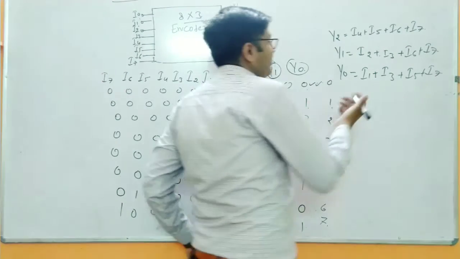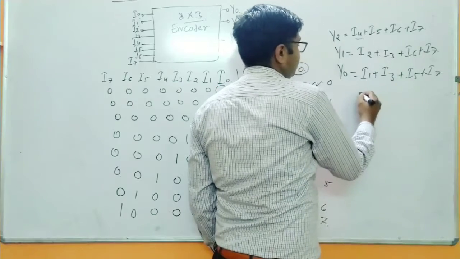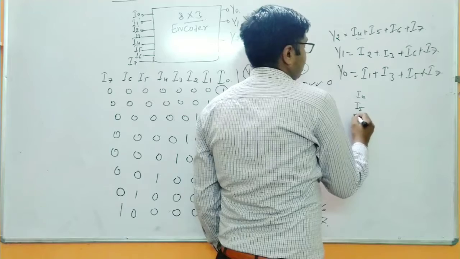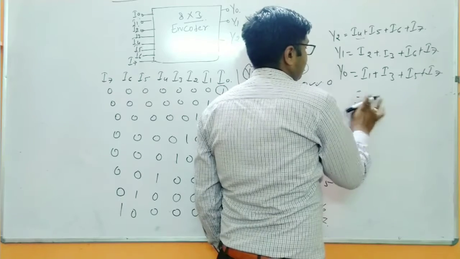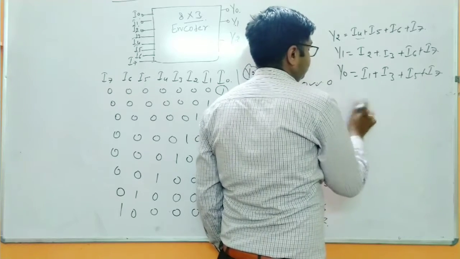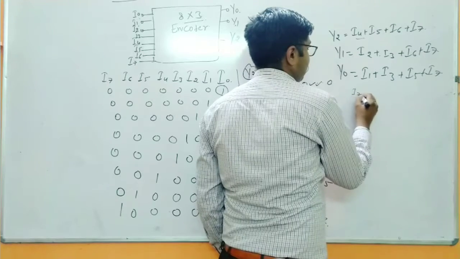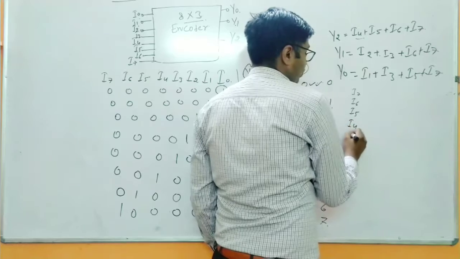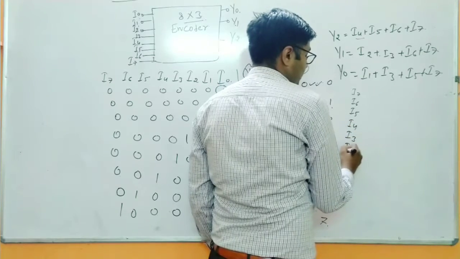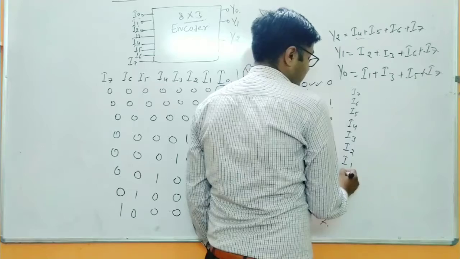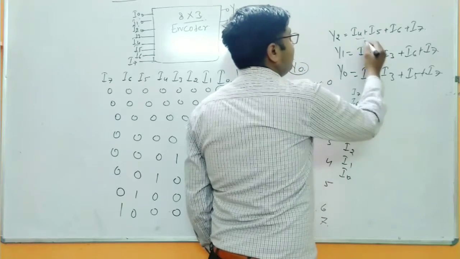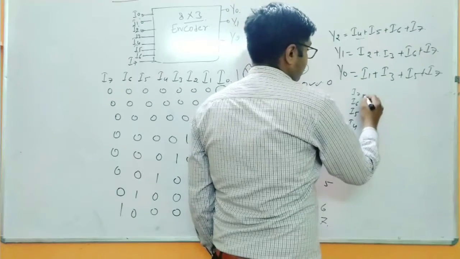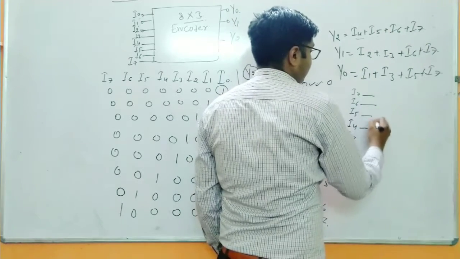Just to put the information down, suppose this is I4, this is I5, I6, and here I7, I6, I5, I4, I3, I2, I1 and I0. Then Y2 will be I4, I5, I6, I7.